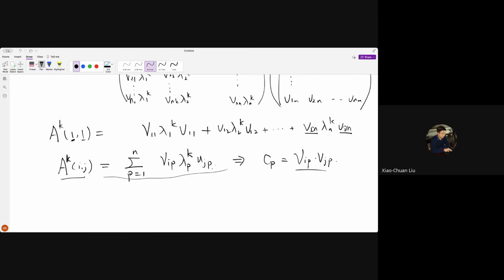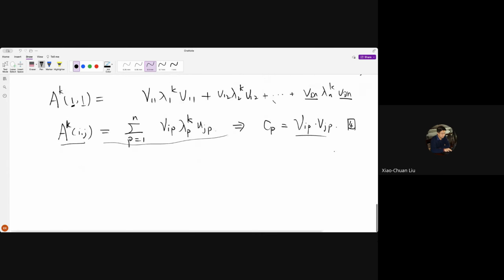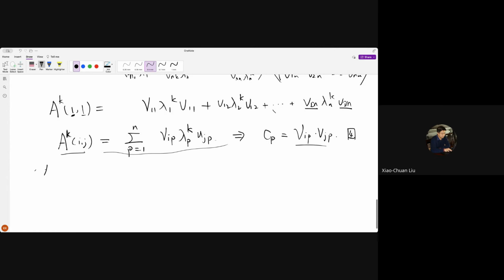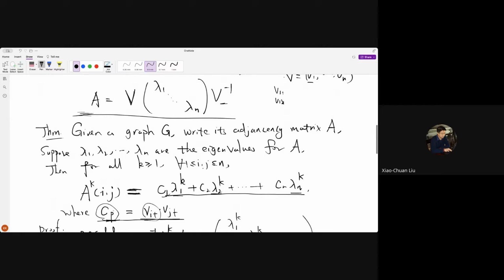So an interesting particular case. So let me make a comment, an interesting particular case. So let's recall the statement of the theorem.